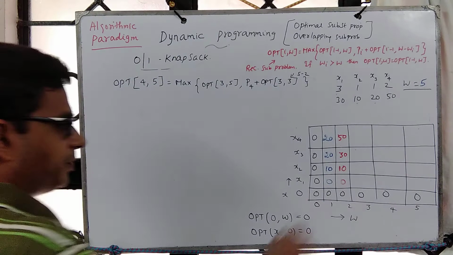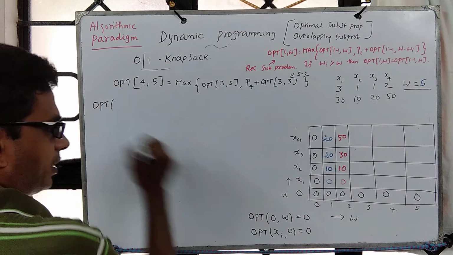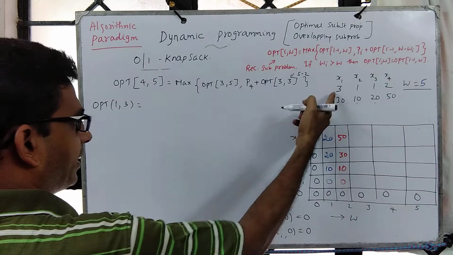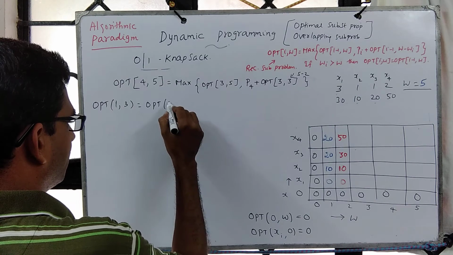So we next populate this third column. So it is opt of 1 comma 3. Now we can consider this object.